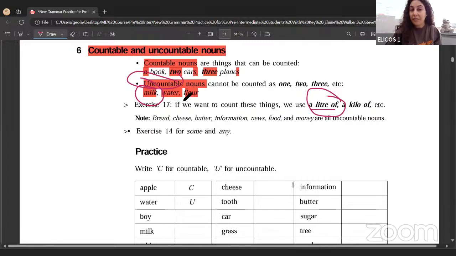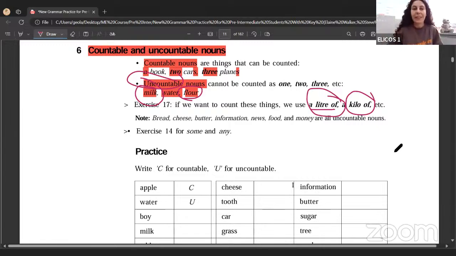So again, with flour, we can't just say I want 2 flour, I want 3 flour. We have to put a measurement. So I want a kilo of flour. I want 3 kilos of flour, 4 kilos of flour. So all you have to remember is which nouns are countable and which are non-countable.